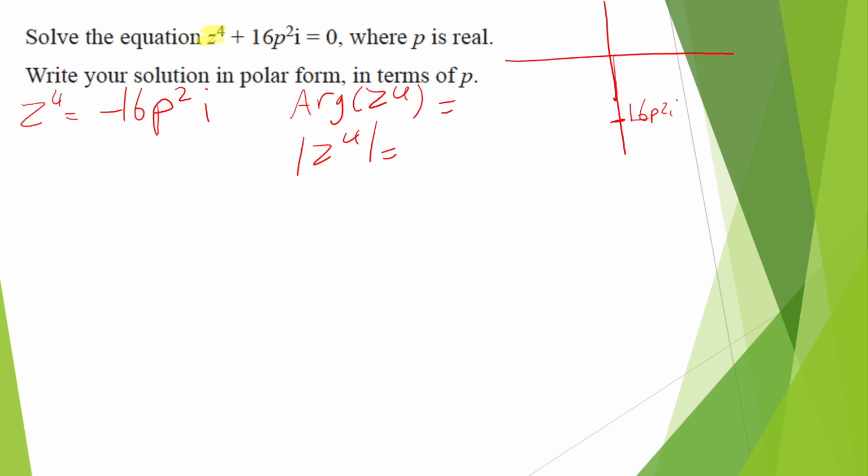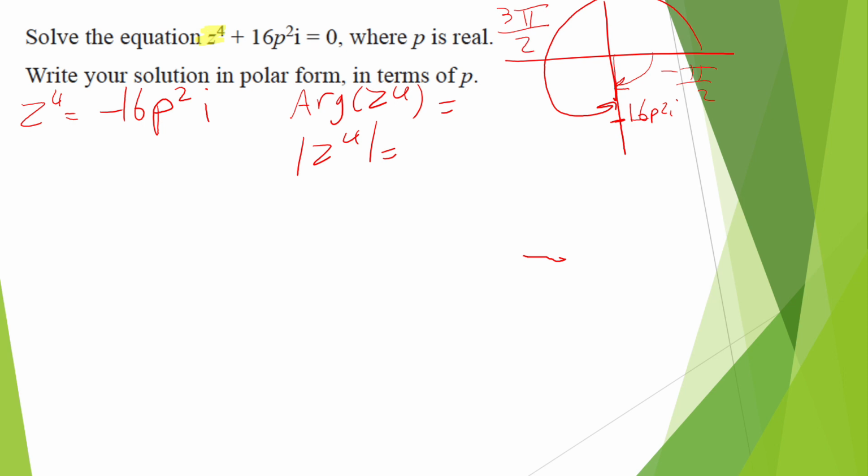Okay, so the arg, if you go clockwise, would be negative pi over 2, because clockwise from the real axis is a negative angle. Or you go anti-clockwise, and it will be 270, which is 3 pi over 2.